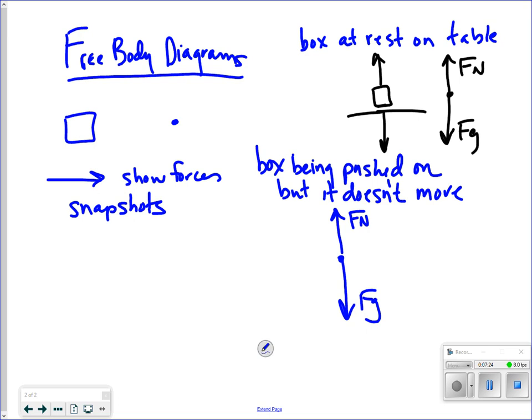I wasn't terribly specific here with my example, but you get the idea. I'm pushing on the box. Now you might be tempted to do this, and it's not technically wrong, but if you say you're pushing it to the right, we usually write the arrows as if they're coming from the center, and they're really going this way.